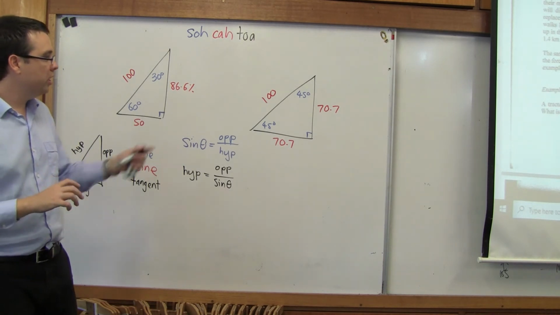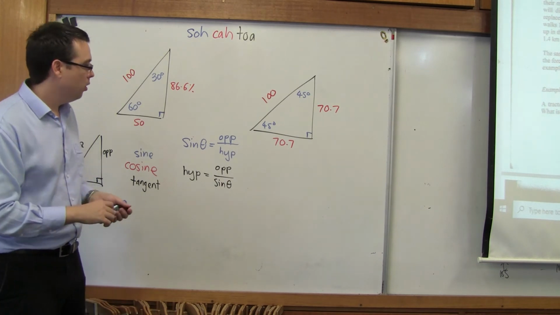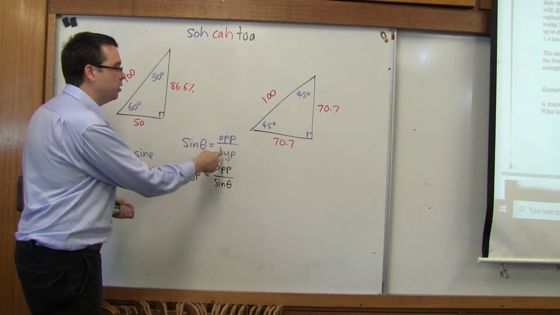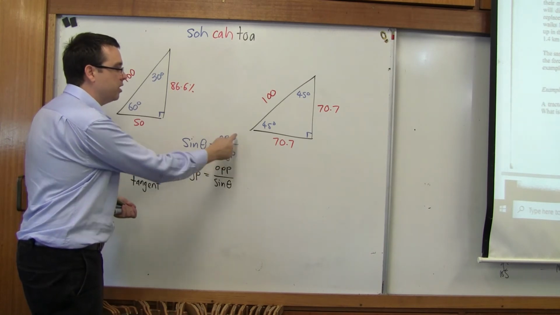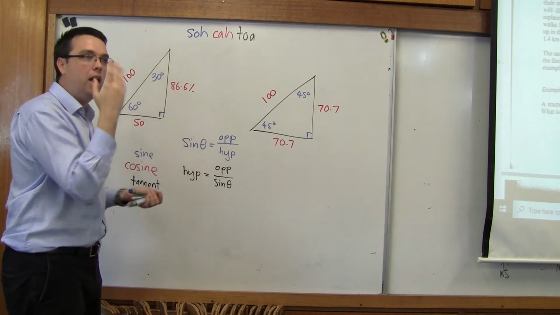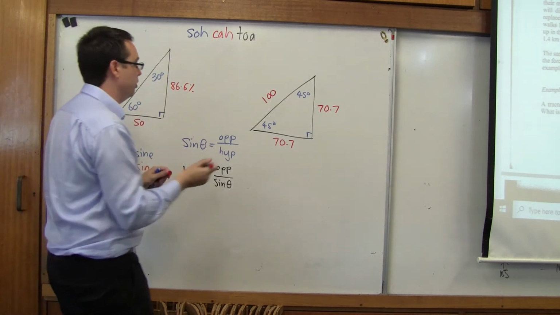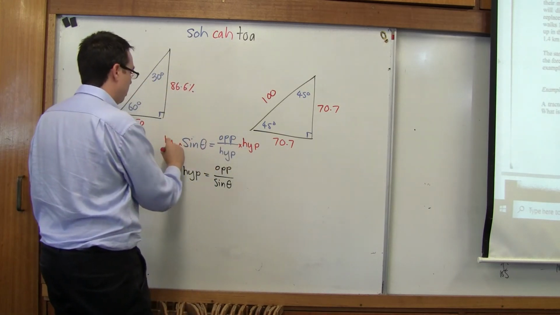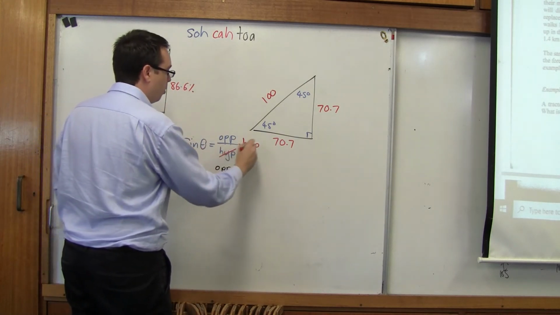If you want to find the opposite side, what I can do is multiply both sides by the hypotenuse, so that this side gets multiplied by the hypotenuse, these cross out, and then this side gets a hypotenuse over here. Again, if you don't get it, you know what, I'll do it. So I'm going to write hypotenuse, multiplying by the hypotenuse, and that crosses out.